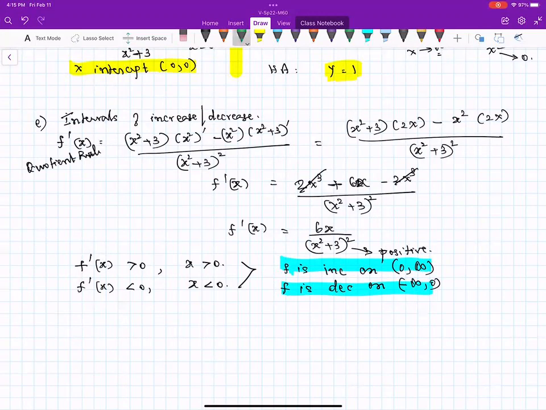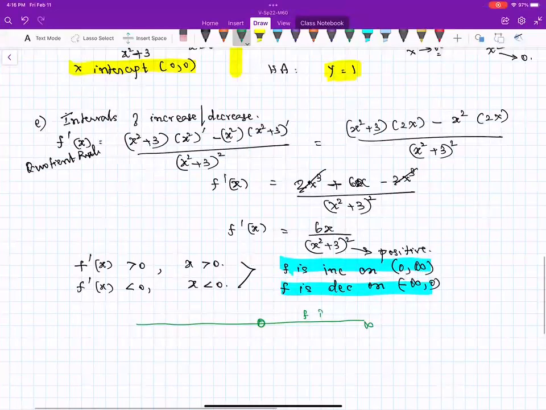We can also picturize this increasing and decreasing. If you assume this to be 0 here, on 0 through infinity, f is increasing, and decreasing on the interval negative infinity to 0. Right. So we have come this far. Next, we have to do concave up, concave down, and inflection points.